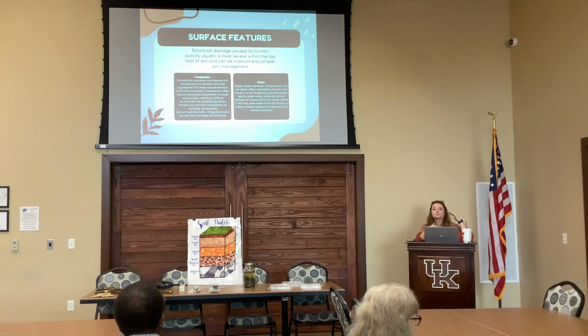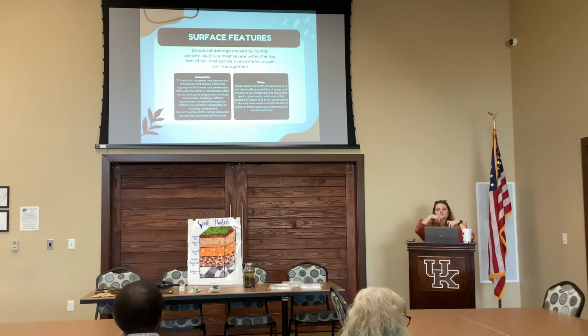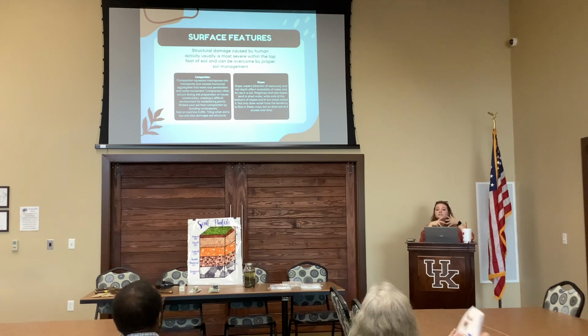So within that first foot of soil, if your little bitty seedling can't break through, we call it breaking its neck. As the seedling tries to come out of the seed itself, and there's so much compaction, it will break its neck and will not survive into another plant and continue its life cycle.